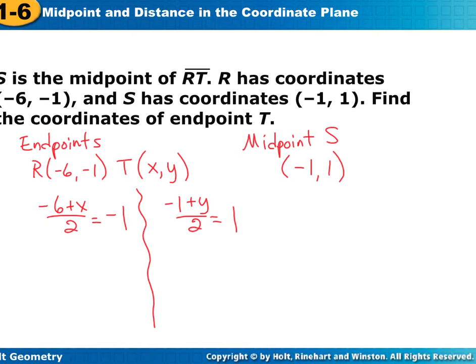You average the negative 6 and the x, you should get the negative 1. Set it equal to 6 to start with, 6 was the x. Okay, looks like the answer comes out 4, 3.